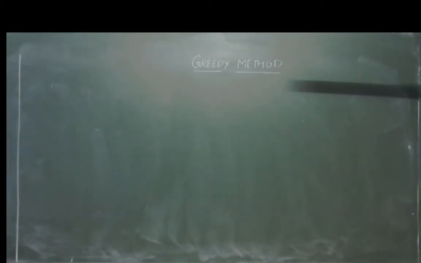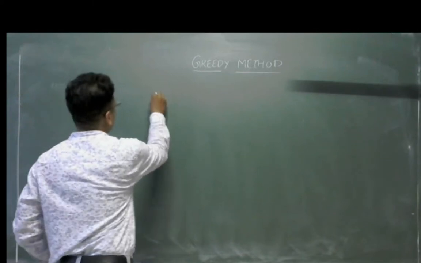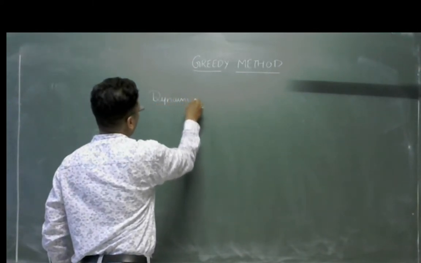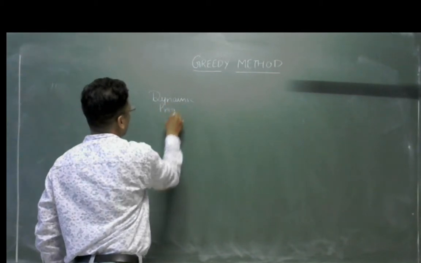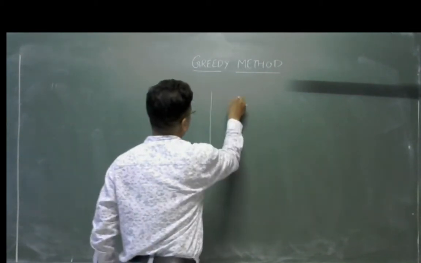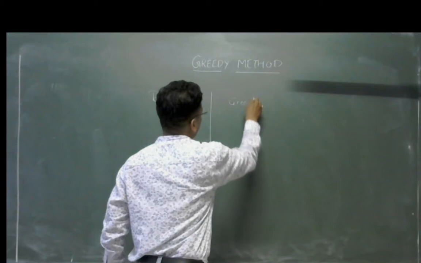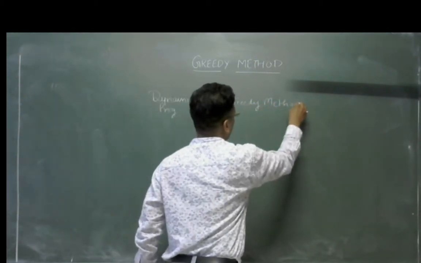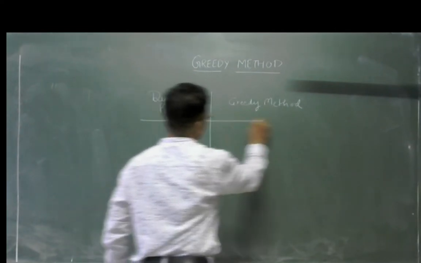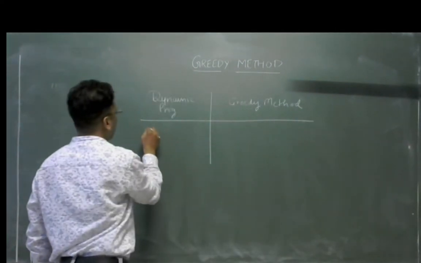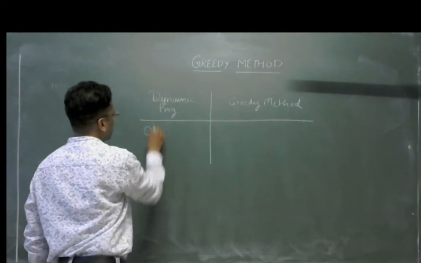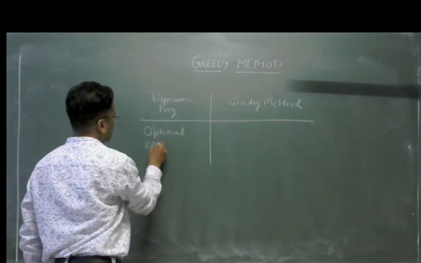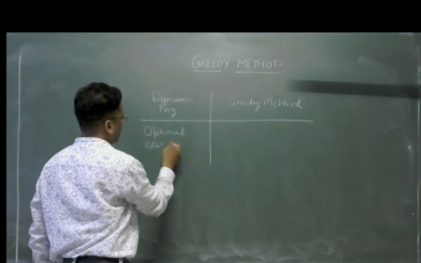So the difference is that in dynamic programming, the optimal solution is guaranteed.